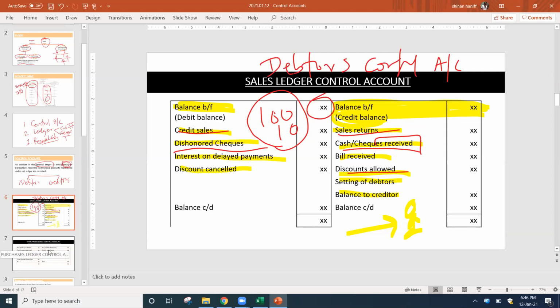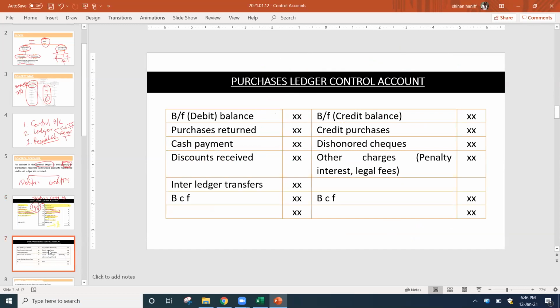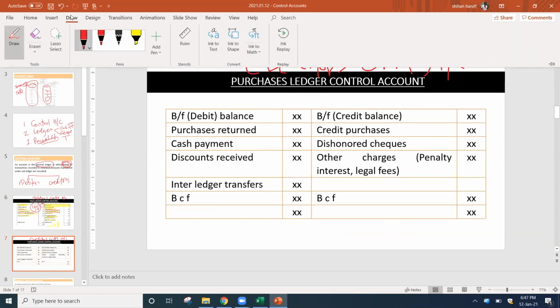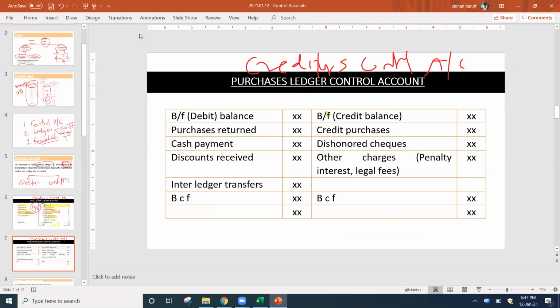Then let's move to creditors control account. Creditors control account. Opening balance is credit side. The opening balance. Credit purchases return, cash payment, discount received.